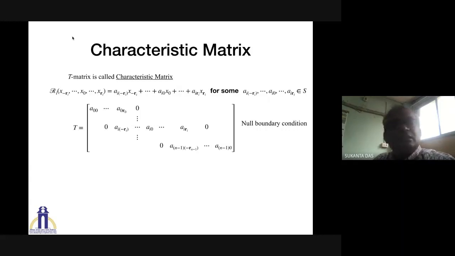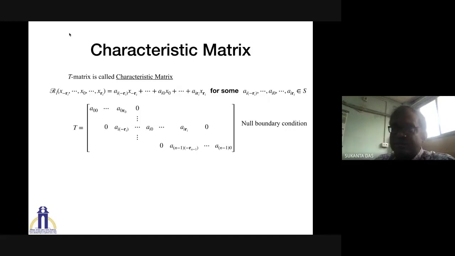Then the T matrix will look like this one, right? And you can check that with this T matrix, the other properties we have said in the proof are followed.